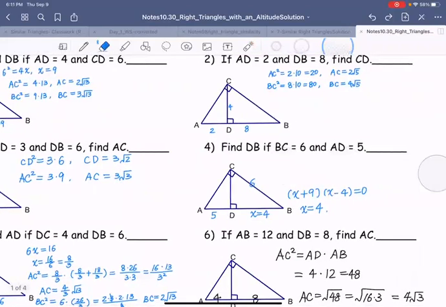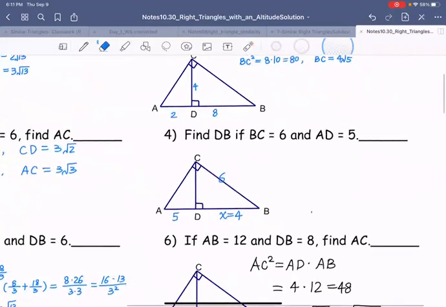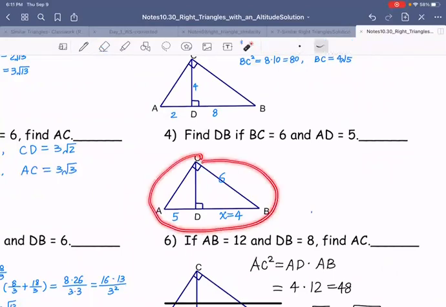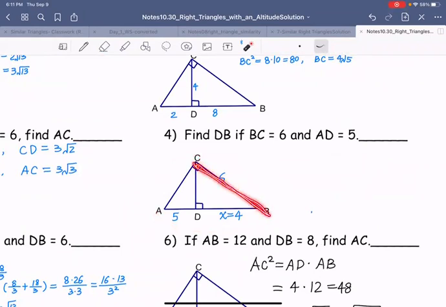Now number 4. This question is a little bit complicated. Go get your pencil and draw the graph. BC is 6, AD is 5, BD is 4. Valeria, what's the equation? 6 squared equals 36.